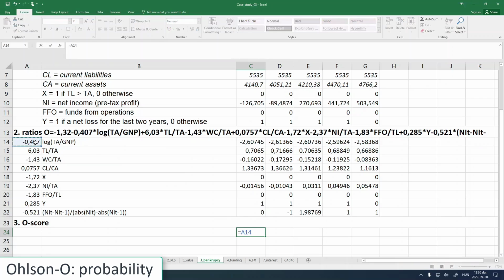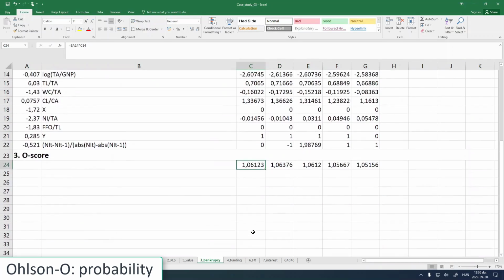So this number is multiplying this number, but we have to fix the column here. So the dollar mark is in front of the A, but not in front of the 14, because if we are carefully scrolling it over, then we can see that this is fixed that way.